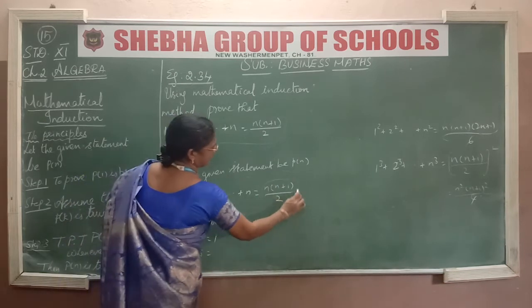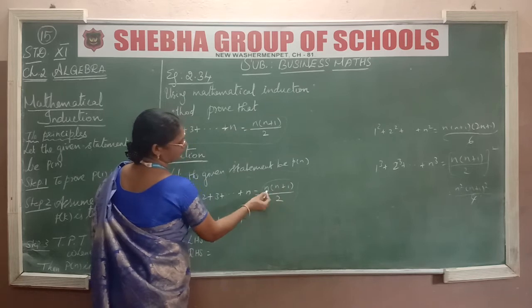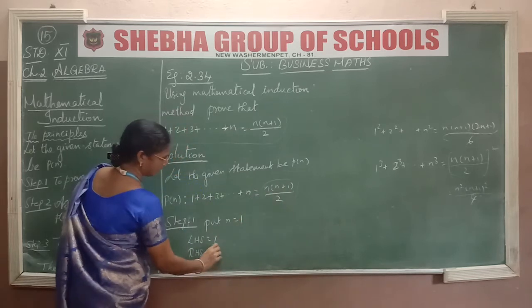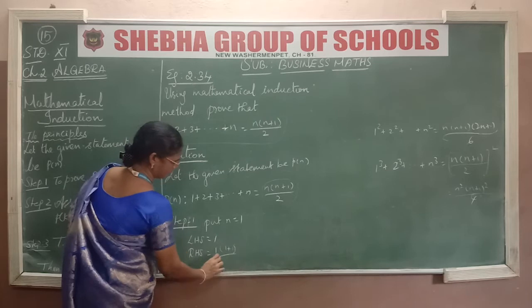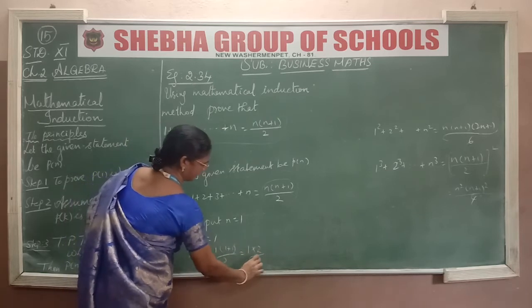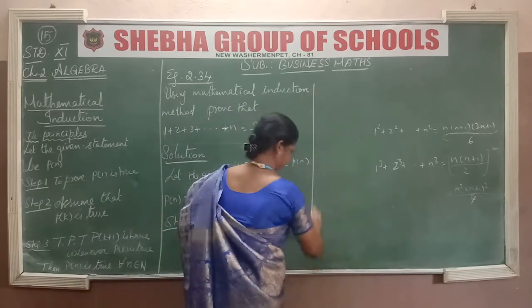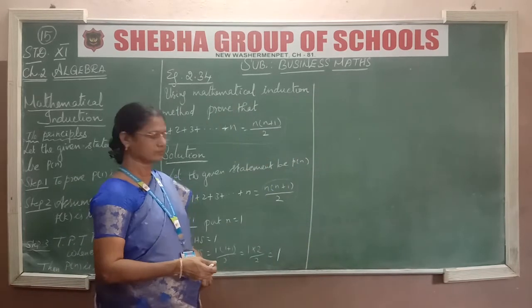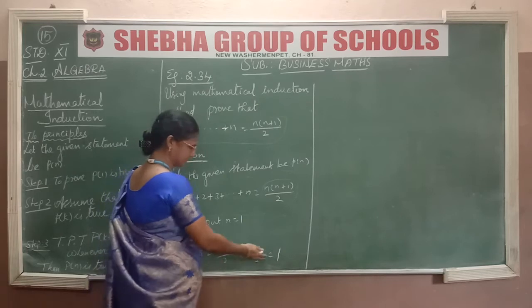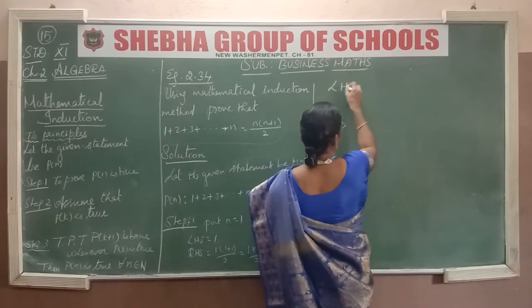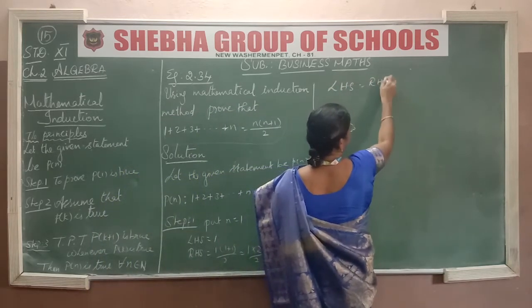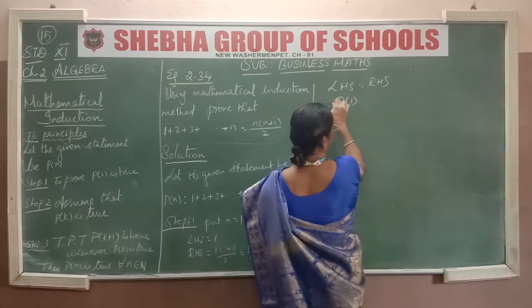RHS is n into n plus 1 by 2, we replace n by 1. We get 1 into 1 plus 1 by 2. That is 1 into 2 by 2, we get 1. So left hand side and right hand side are equal. Left hand side is 1, right hand side is also 1. Therefore, LHS equal to RHS, which implies what? P of 1 is true.